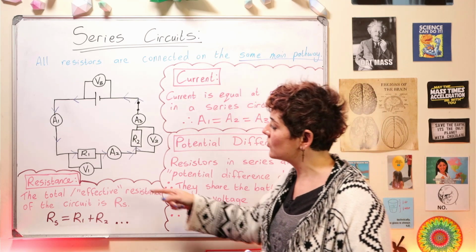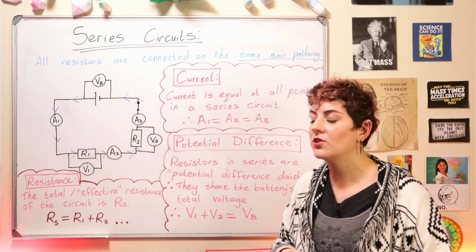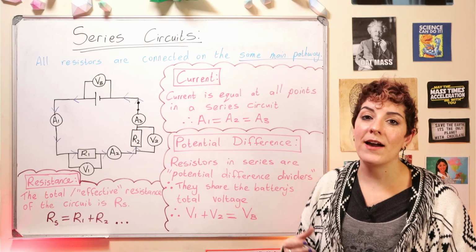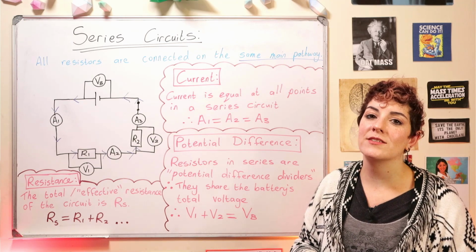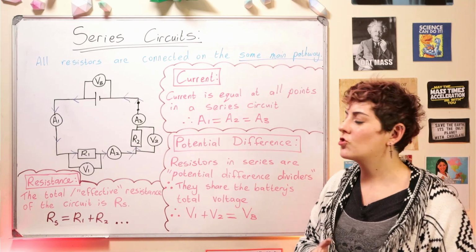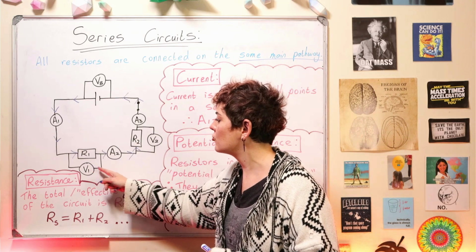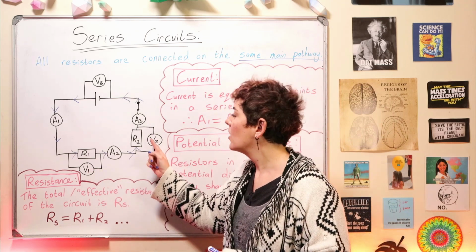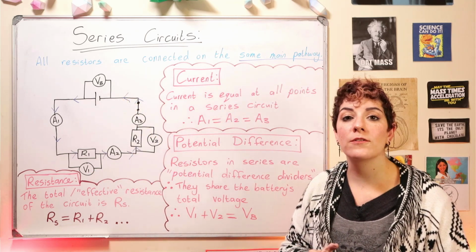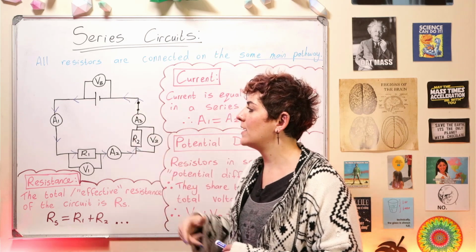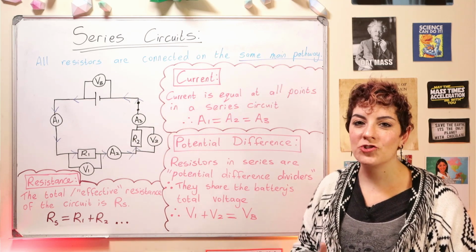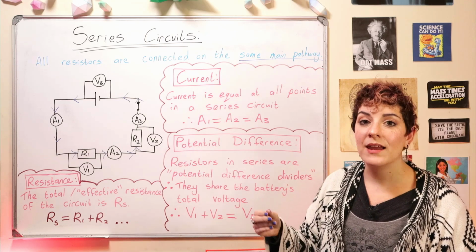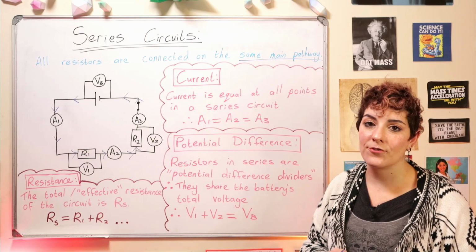But if resistors in series like R1 and R2 have different values of resistance, then they will have unequal potential differences over them. But it would still be true that the sum of the series resistors' potential differences, like V1 and V2, would add up to the battery's total voltage, in this case, VB. So in conclusion, resistors in series divide up or share the battery's total potential difference.